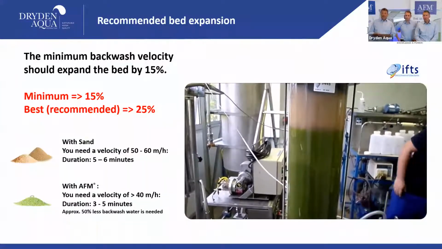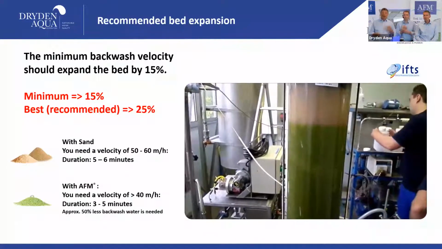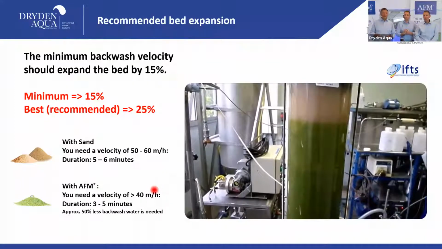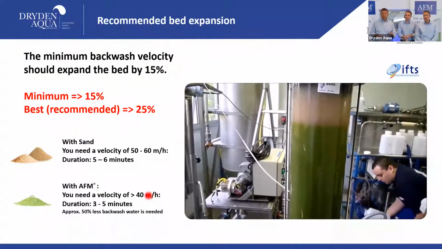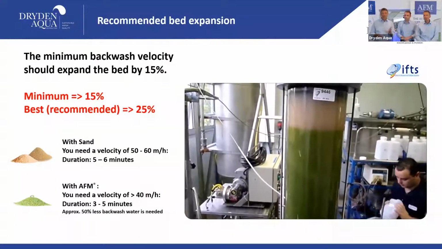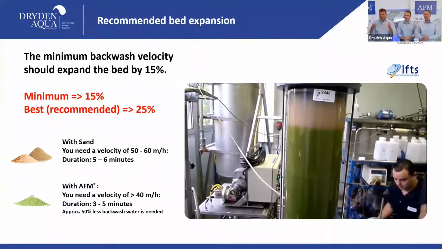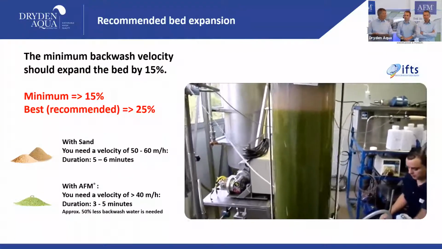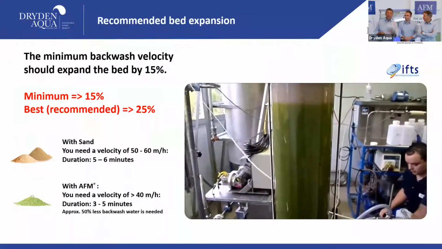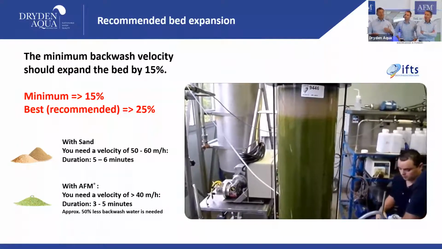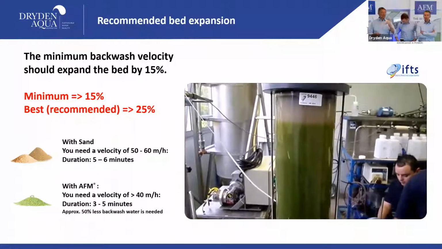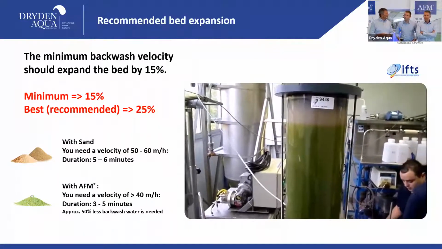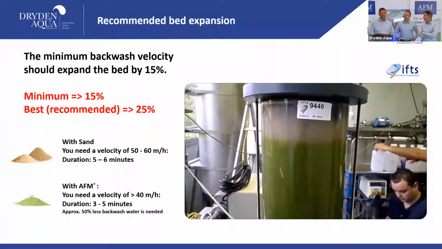And to do that, we need with the new AFM NG, 40 meters per hour, can be higher, 40 to 50. With sand, depending a little bit on the grain size, you need 50 to 60 meters. If you have big grain size like they use in Germany, 0.7 to 1.2, you need 60; 0.4 to 0.8, 50. Why is there a difference? Well, the difference comes from the density.